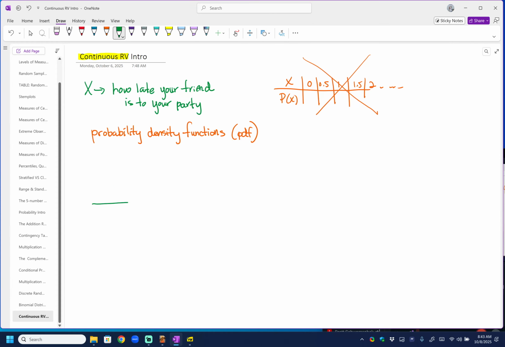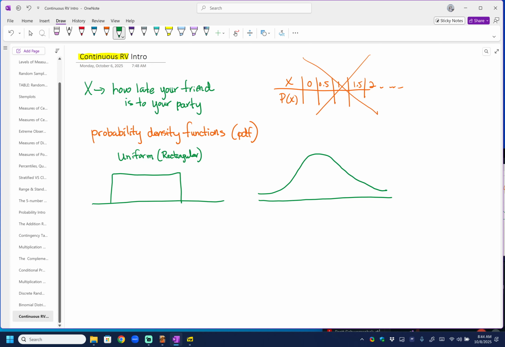Well, one of them is called a uniform distribution, sometimes called rectangular for obvious reasons. Another one looks like this. This is a bell-shaped distribution.